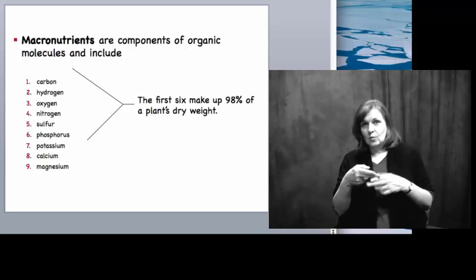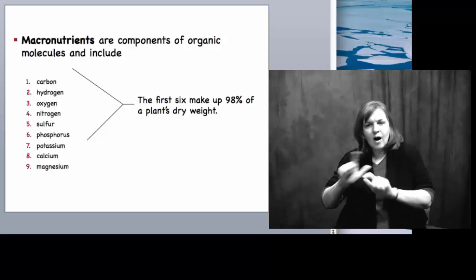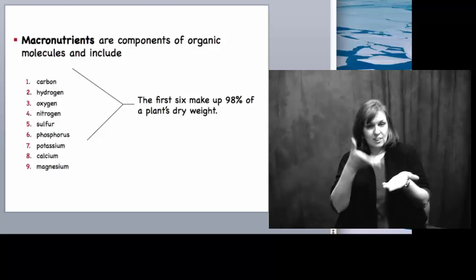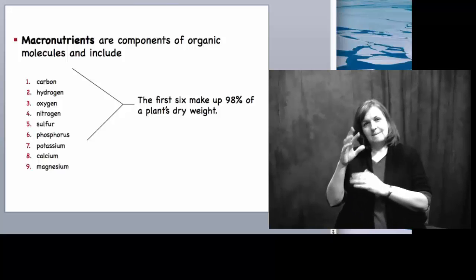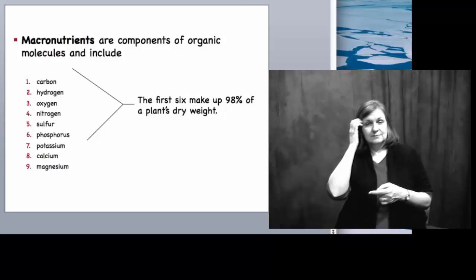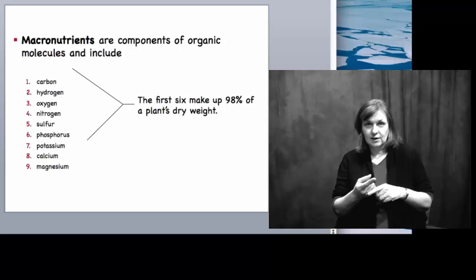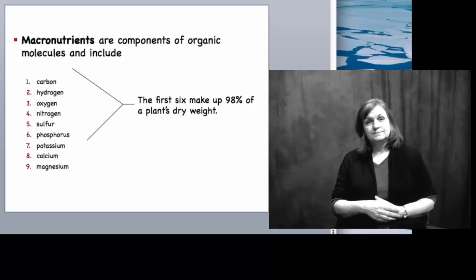What does this mean? If I take a plant and dry it, evaporating all of the water from it, the remaining weight of the plant, those top 6 elements will make up 98% of that plant's weight. That's an amazing number given what is going on inside a plant at any one time.